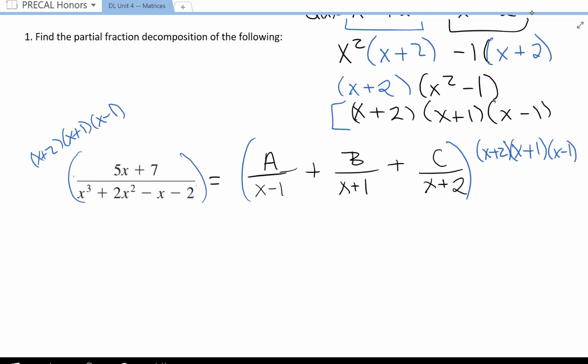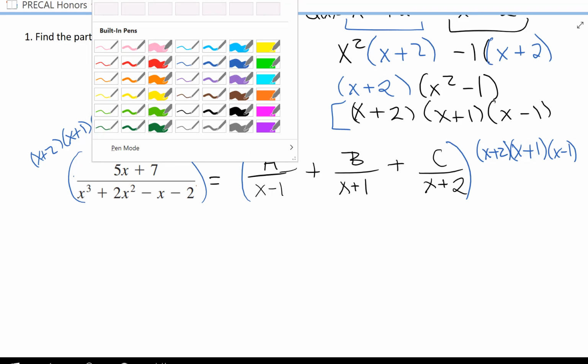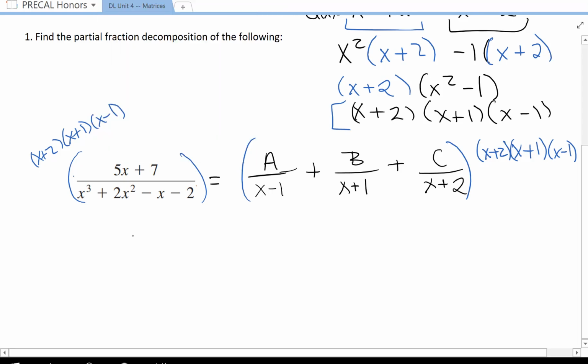Go ahead and multiply. Notice that you'll have no more fractions after this. So you have 5x plus 7 is equal to A times whatever was not in this denominator. So x minus 1 is the denominator of A, so the other two binomials, A will be multiplied by x plus 2, x plus 1, and so on.